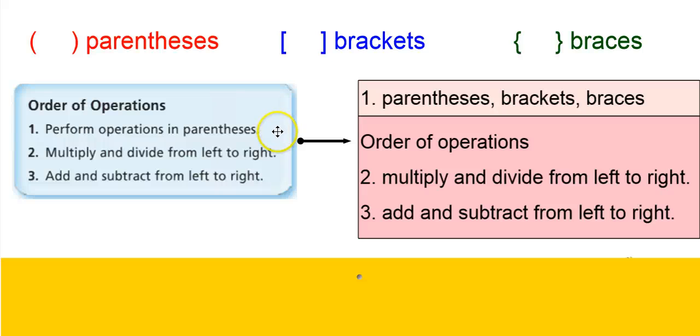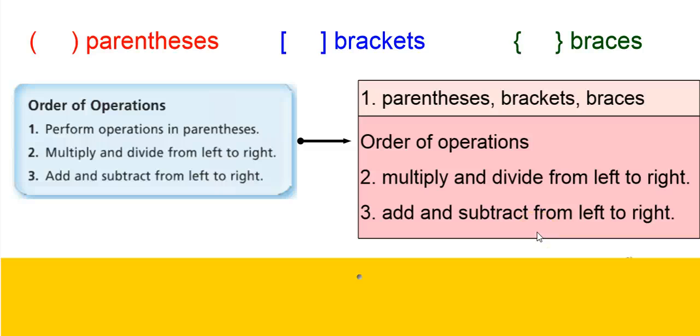When we were working with order of operations with just parentheses, we did that first, then we multiplied and divided from left to right, and finally we added and subtracted. Now we need to take care of everything in parentheses, brackets, and braces first. When those symbols are located within a problem, then we go to multiply, divide from left to right, and add and subtract from left to right.